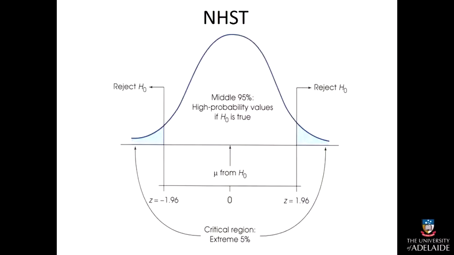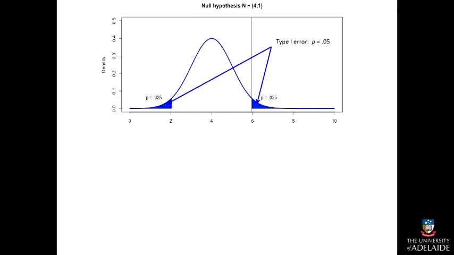All right, so this is a null hypothesis distribution. So the assumptions, we assume the null hypothesis is true and we can specify this distribution. So that's abstract. Here's an example where we're measuring something, and under the null hypothesis, we are assuming that we have a mean of 4 and a standard deviation of 1.